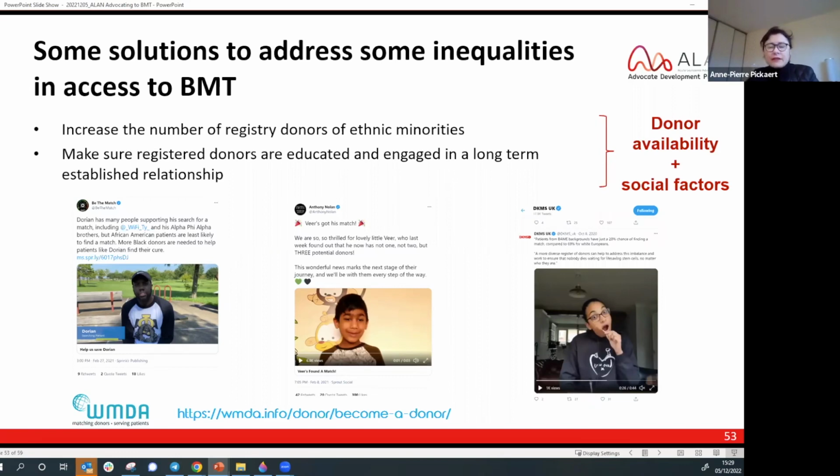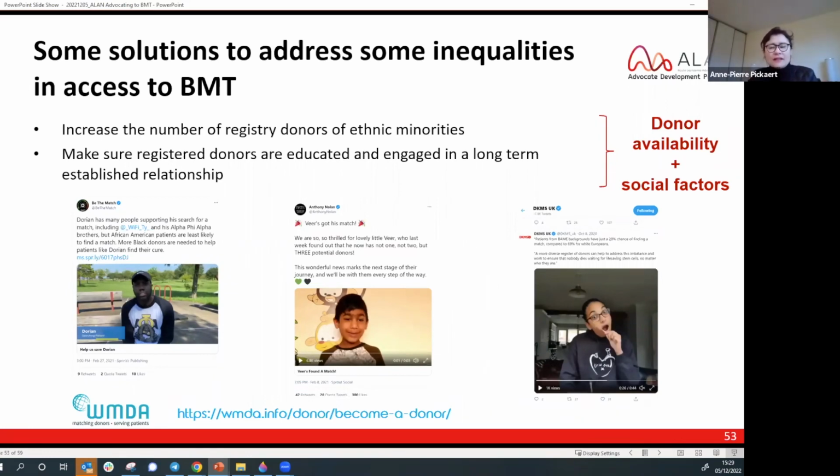Then you also have Anthony Nolan in the UK, one of the organizations that has its own registry. There's also DKMS, in the UK but also in the US, Germany, and Poland. In the UK and the US especially, they're trying to focus on ethnic minorities, making this very targeted.